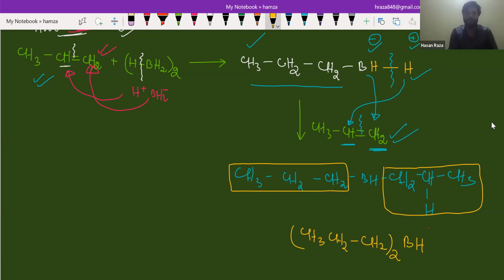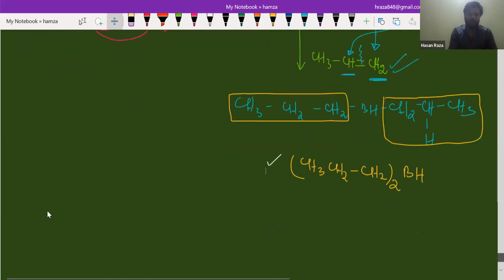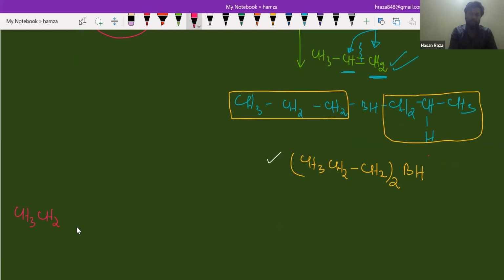Now see, I'm going to take this as the reactant because I already told you this will proceed in three different steps. So I'm going to take this as the reactant, CH3, CH2, CH2 whole twice and then BH. Can I write this BH as this? And reacting with this again, the same CH3-CH=CH2. So this bond will be broken, this bond will be broken. This is positive, this is negative.